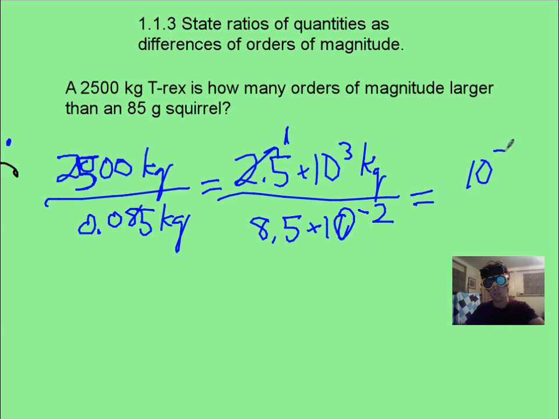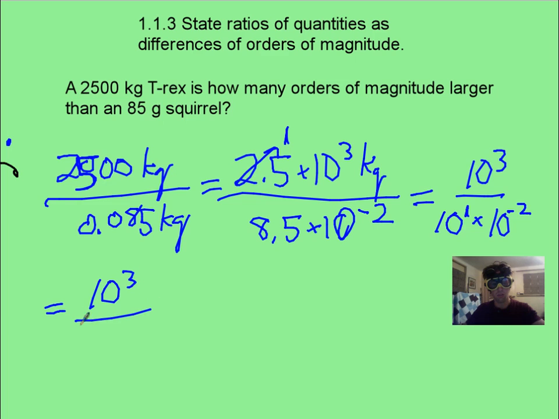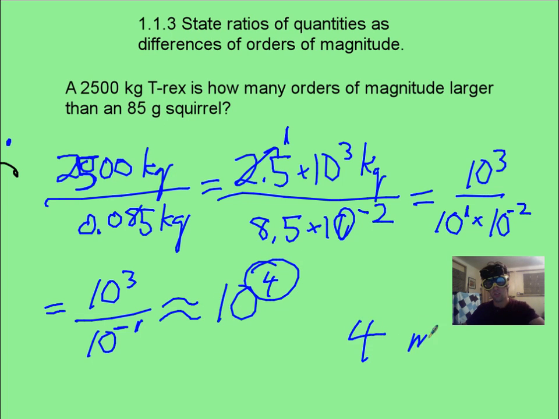So this is just 10 to the third. This 8.5 is like a 10, or close to it. Then you put these together, and you've got 10 to the third divided by 10 to the negative first, and that's going to be pretty much like 10 to the fourth. So then our answer is that the T-Rex is 4 magnitudes larger than the squirrel.